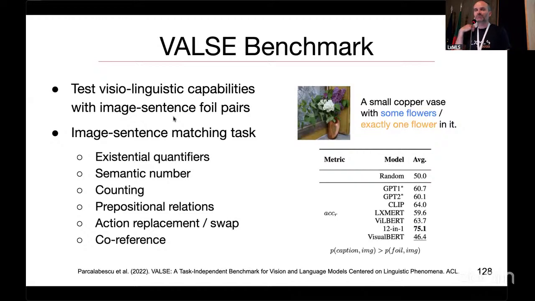The VALSE benchmark from 2022 was about testing visual linguistic capabilities where there were small manipulations in the image-text pairs that related to things like existential quantifiers or counting or prepositional relationships, finding that it was really difficult for some models at the time to achieve good performance on this.